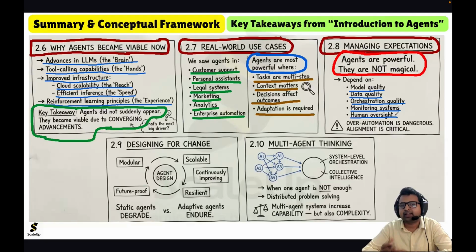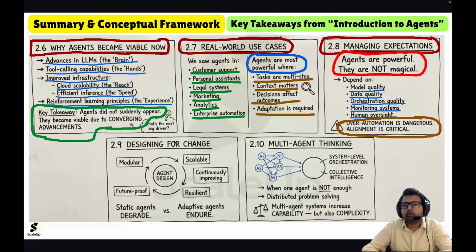With an LLM, reasoning capability will be very good, but the quality of the agent will depend on several other factors as well, like model quality, data quality, orchestration quality, monitoring systems, and human oversight. We should not over automate. Over automation is very dangerous, and alignment with the goal is critical.